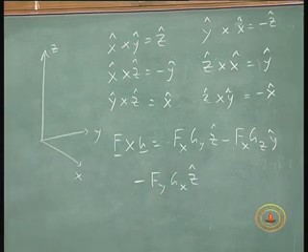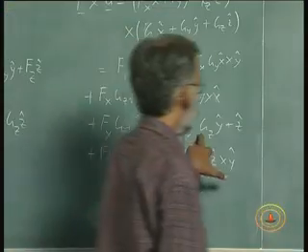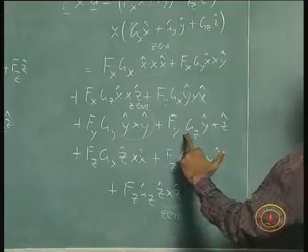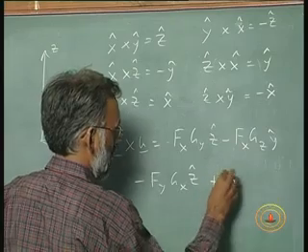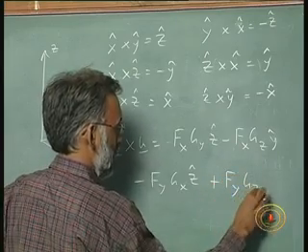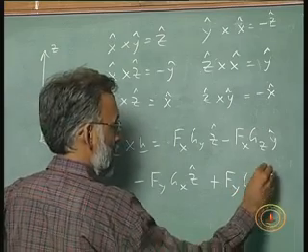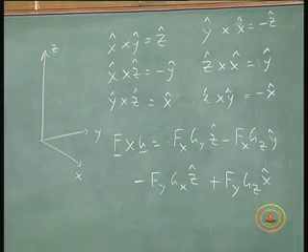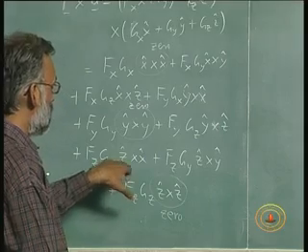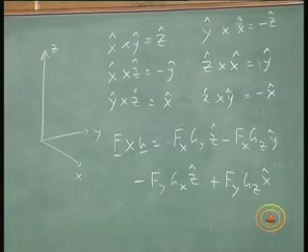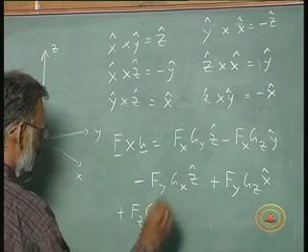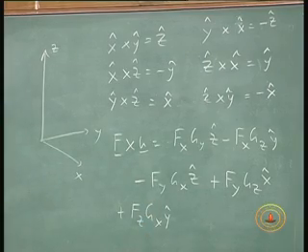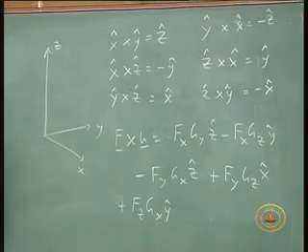along the z direction, fy gy, there is no cross product, fy gz, y cross z is x, fz gx, z cross x is y, fz gy, z cross y is minus x.